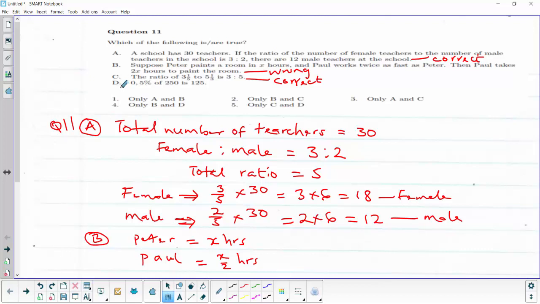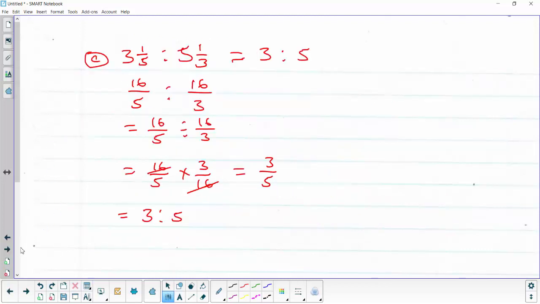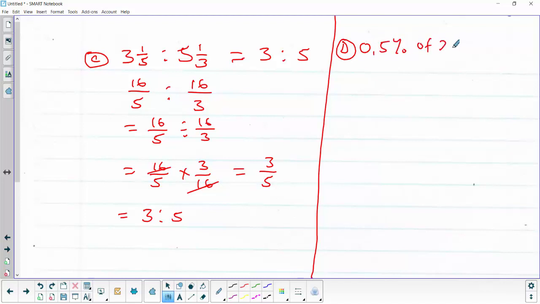The last one is D, which we need to consider. So let us use this one for D. So this is D. We have 0.5% of 250 equal to 125 from the equation.